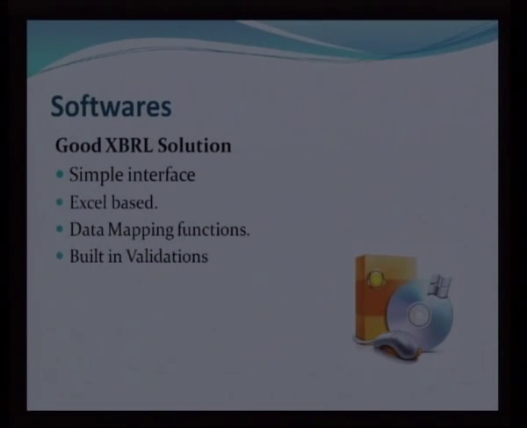Other than that, if the totals of the balance sheet and its schedules or notes are not tallying, then it should give an alert, and it should provide us with all the elements, telling us that these are the mandatory elements which need to be incorporated while doing the XBRL tagging. So these inbuilt validations, if available, will be a great help to the professionals.